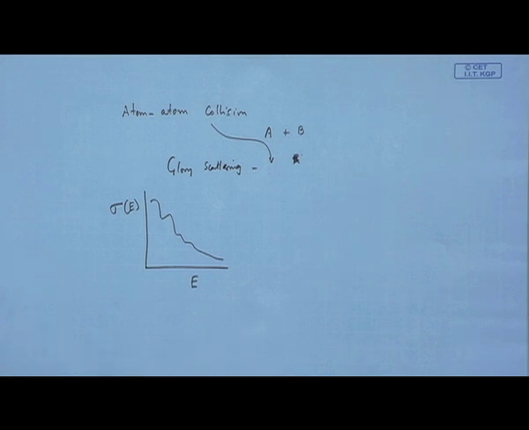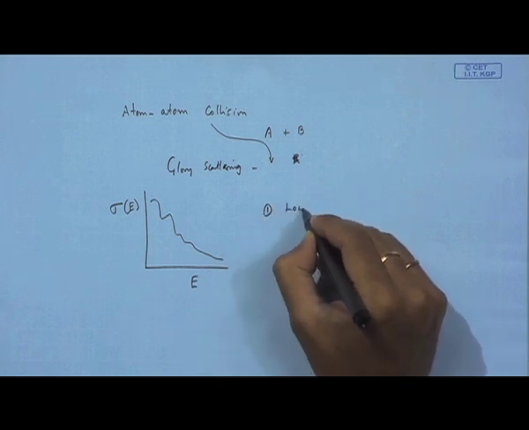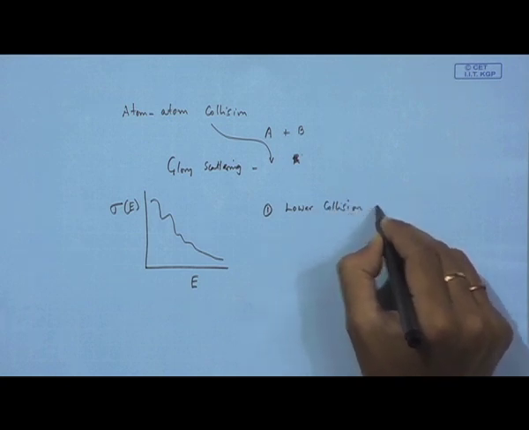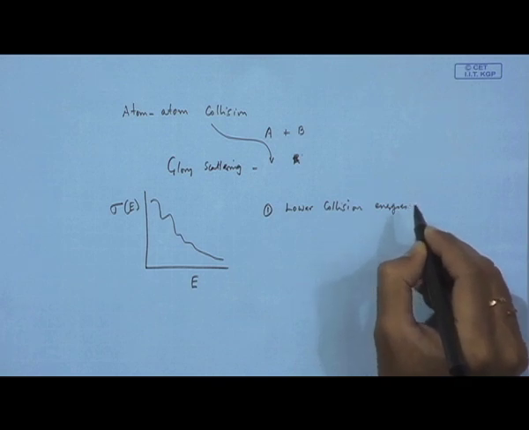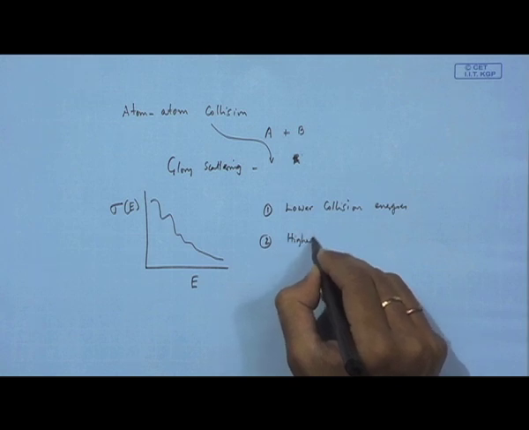So, when velocity is different, then the corresponding phase difference is different. Therefore it is very much dependent on the velocity, that is, on the collision energy. So, velocity different means collision energy will be different. So, situation 1, lower collision energies, and situation 2, higher collision energy.